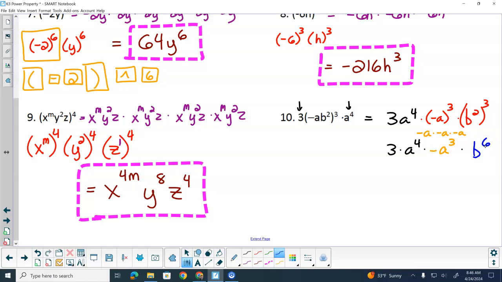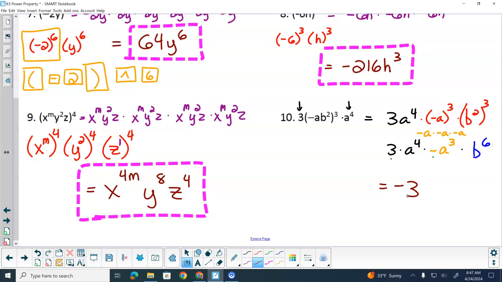Michelle, you're going to wrap this all up for us. You ready? Numbers. We deal with numbers first, right? So numbers right now, I've got 3 and negative 1 as numbers, right? 3 times negative 1 is negative 3. How many total a's do you see? 7, right?